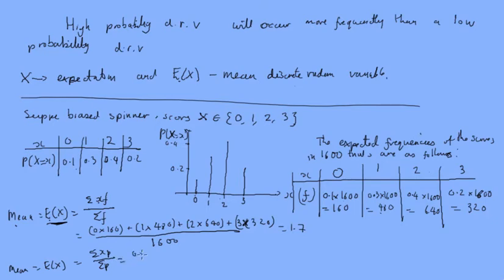So that's going to be 0 times 0.1 plus 1 times 0.3 plus 2 times 0.4 plus 3 times 0.2. Now the sum of probabilities is 1, because remember, in a discrete random variable the sum of all the probabilities will be 1. And do all that, we get 1.5, which is the same.